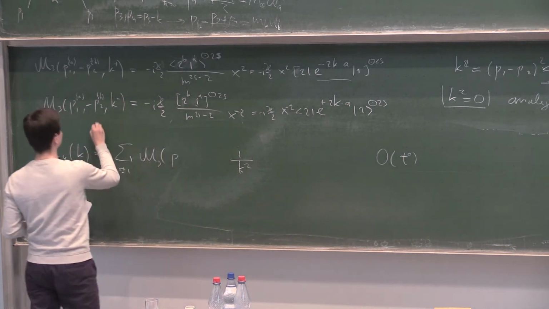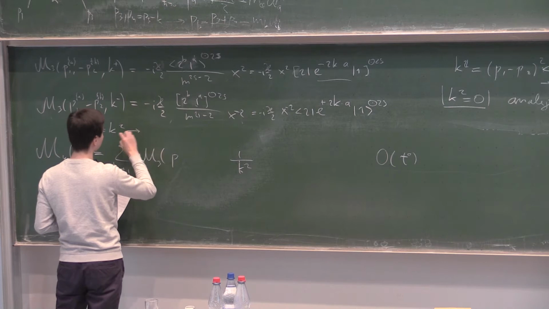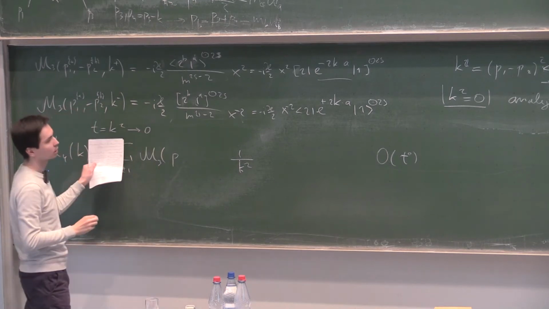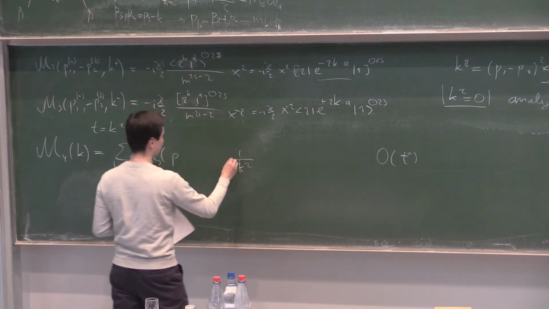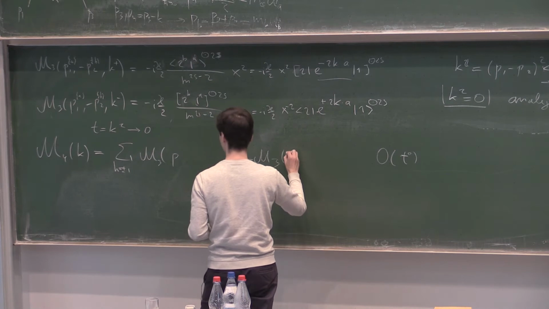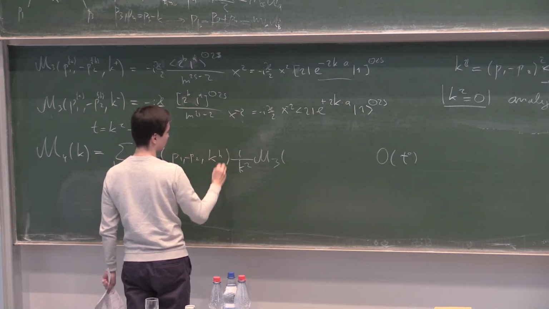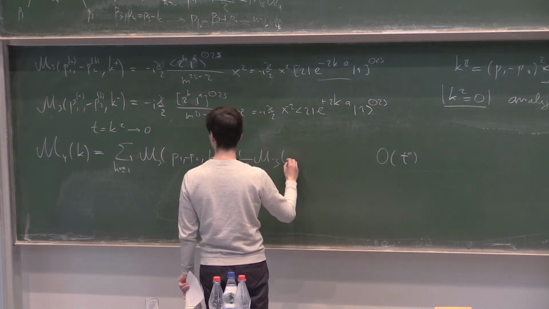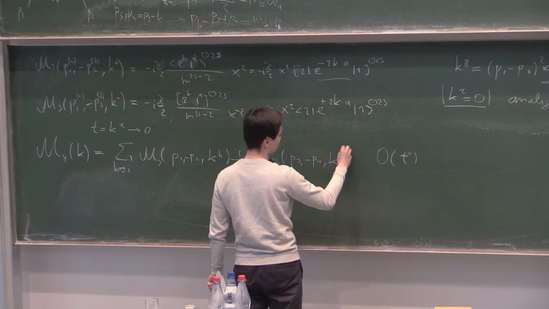So where t is of course k squared. So I'm still considering it going to 0 first, and on the pole, I'm allowed to use my amplitudes. P1 minus P2 kh, P3 minus P4 k minus h.